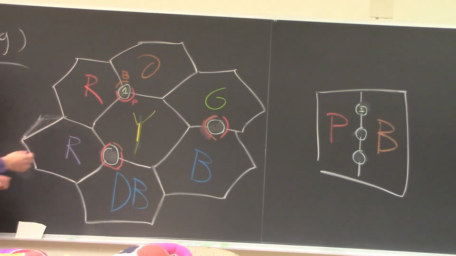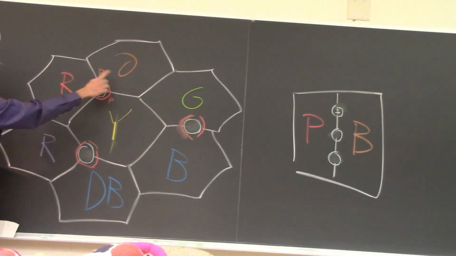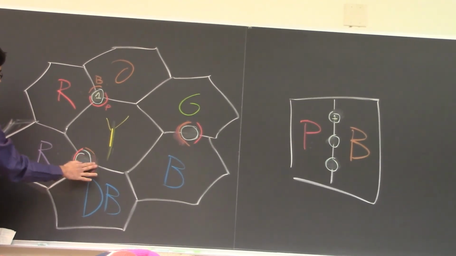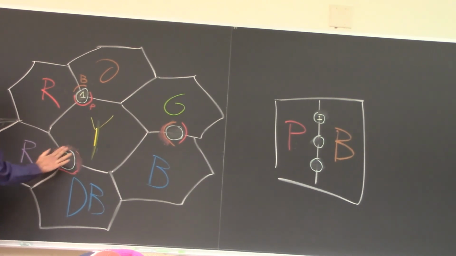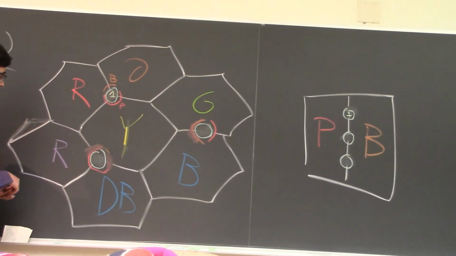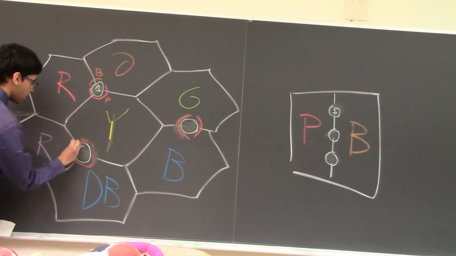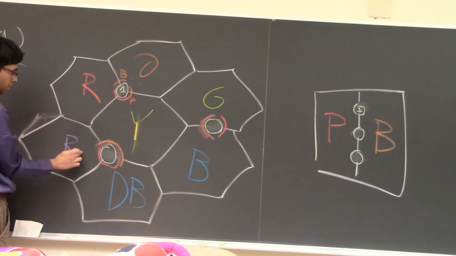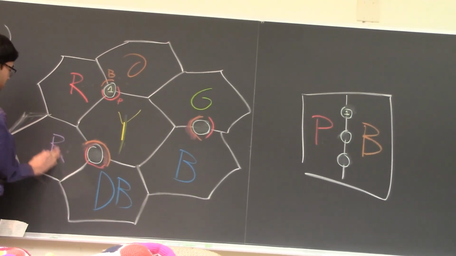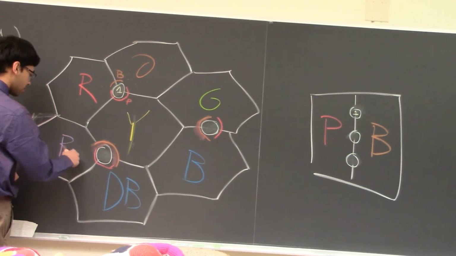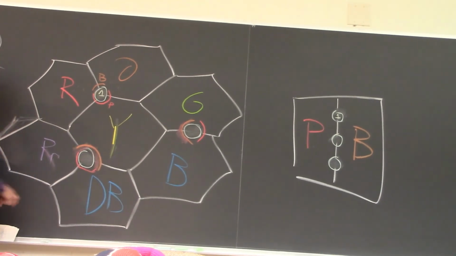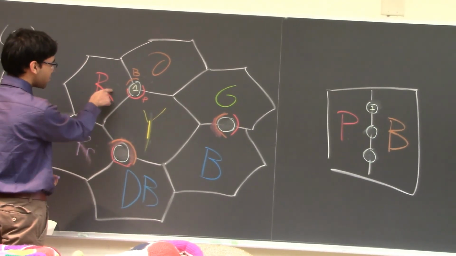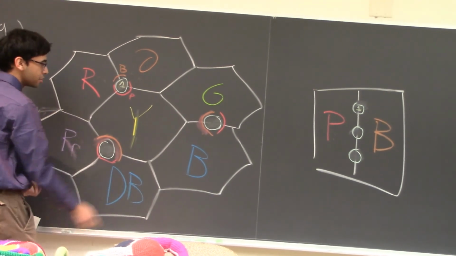And then what you notice is that brown touches red, orange, purple, wait, should be these two, right? Yeah, like that. All right. So brown touches red, orange, purple, yellow, and dark blue, and also blue and green, whereas pink touches red, yellow, orange, purple, dark blue, blue, and green.